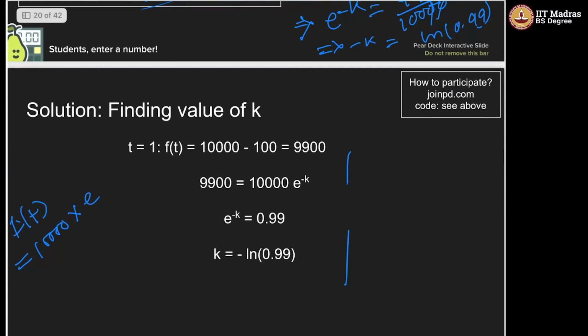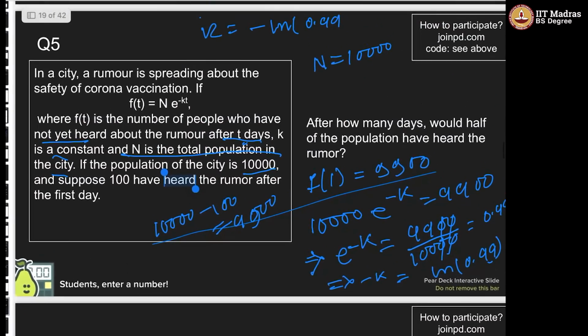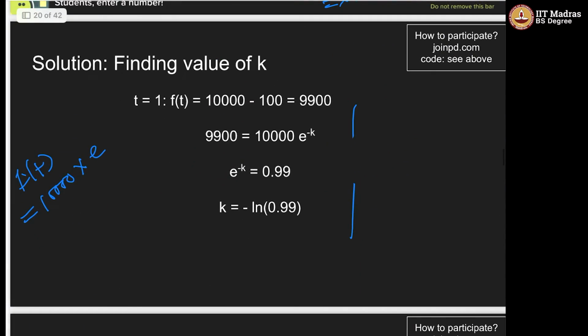And the value of k is minus ln 0.99, so the exponent becomes ln 0.99 times t.